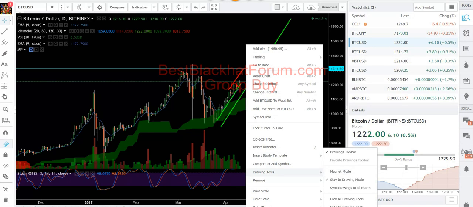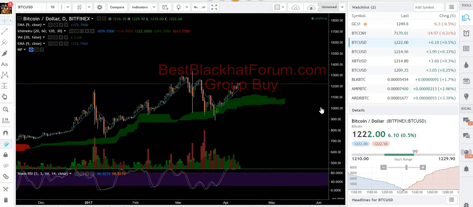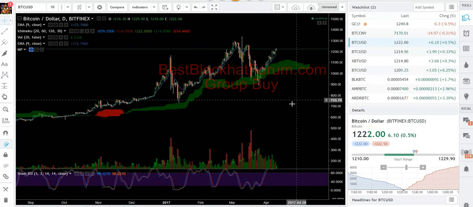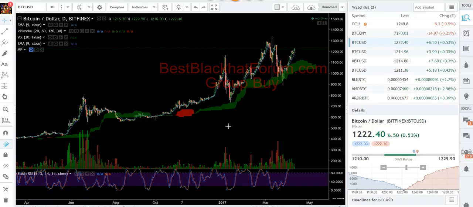It'll tell us with a simple glance where the price is. Basically, to keep it as simple as possible, when the price is above the clouds, you're in a bullish trend. When the price is below the clouds, you're starting to go into a bearish trend.